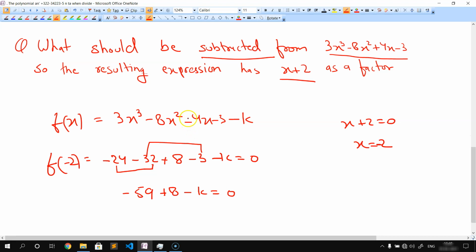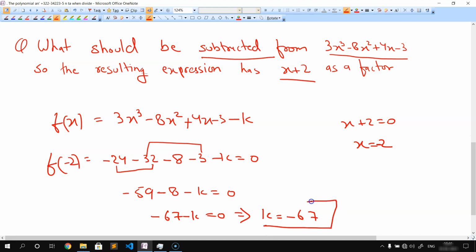Here it's plus 4x, so it will become plus 8, and this will be equal to minus 67 minus k equals 0, and k will be equal to minus 67. So if we subtract minus 67 from our equation, x plus 2 will completely factorize the equation. Thank you.